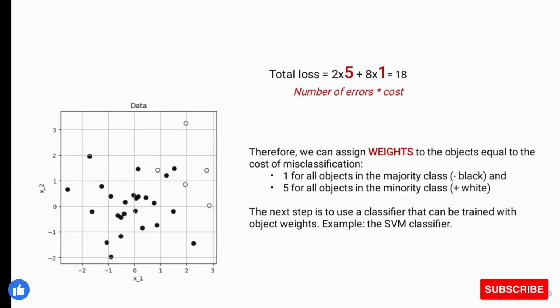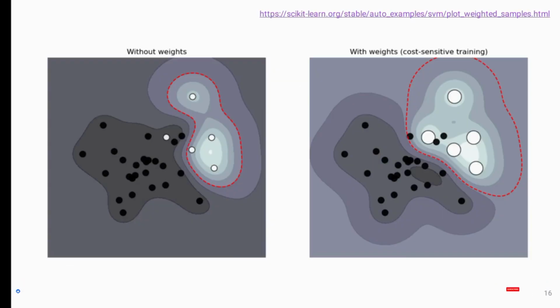Then we can use a classifier that actually understands object weights, like an SVM classifier, a support vector machine, whose algorithm already builds in these object weights, how important they are. We haven't seen it in the way that we've used SVM in the past, but this algorithm does allow us to have weights.